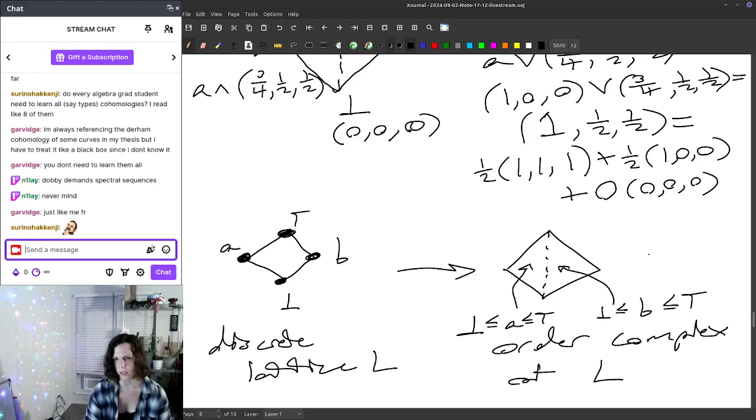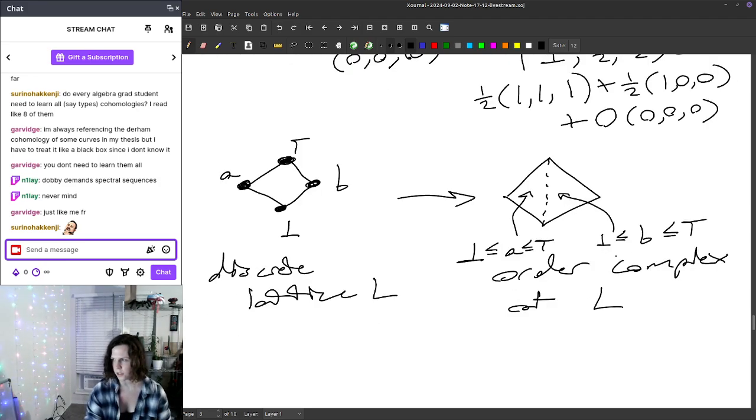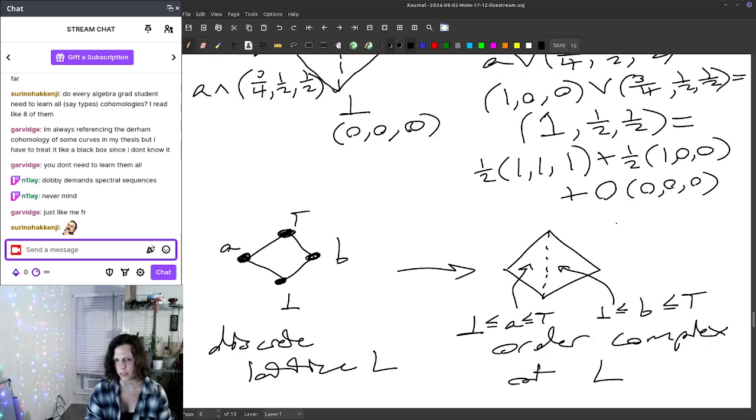I want an operation on the nerve as a simplicial set. I want the meet and join to take things from this simplicial set and give me back other things in a way that is compatible with how the simplicial set works.